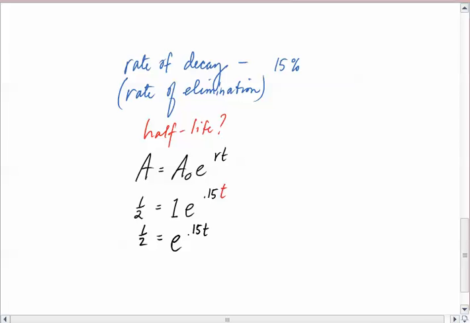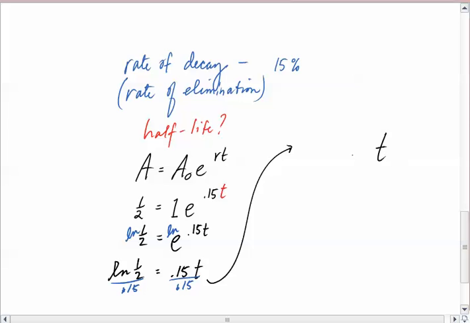Take the natural log of both sides, and we have the natural log of 1/2 is equal to the natural log of e, which goes away because it's equal to 1. I'm going to divide by 0.15, 0.15 divided by 0.15, and I get t is roughly, okay, and you're probably realizing, hey, you didn't make that negative, pardon me, that's supposed to be negative.